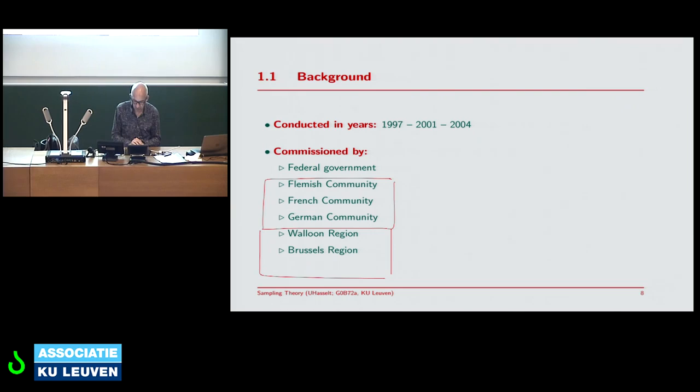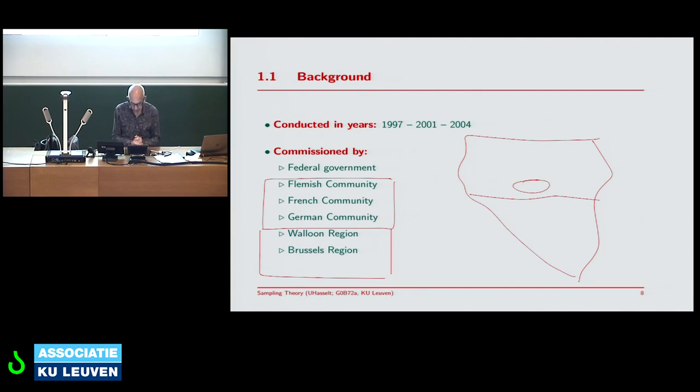Well, there are three communities, and communities are defined along the language you speak, essentially, or the language of the place you speak. But it is relatively complex. So if we draw a very crude map of Belgium, then we know that in Flanders, Dutch is the official language.